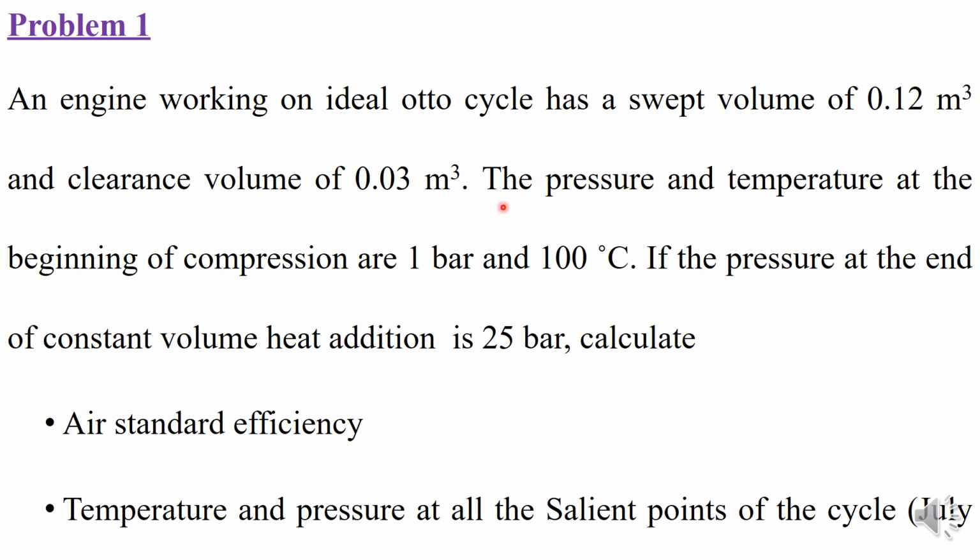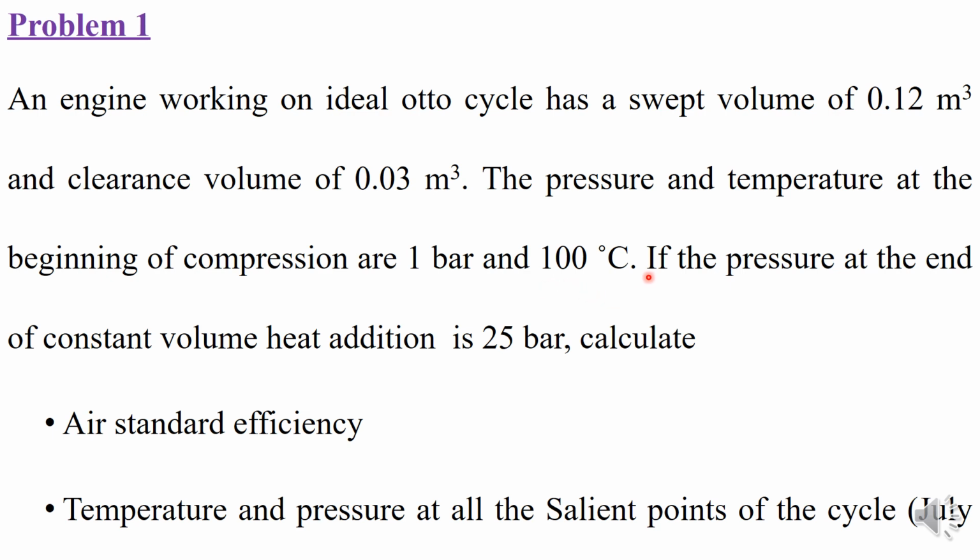And the next sentence: the pressure and temperature at the beginning of the compression. If you remember the PV diagram of the Otto cycle, beginning of the compression means state point 1. So P1 is given as 1 bar and T1 is given as 100 degrees centigrade. 1 to 2 represents compression.